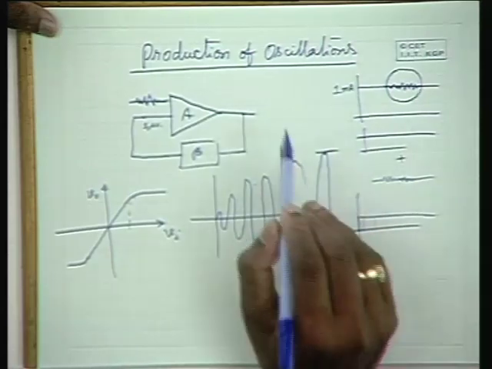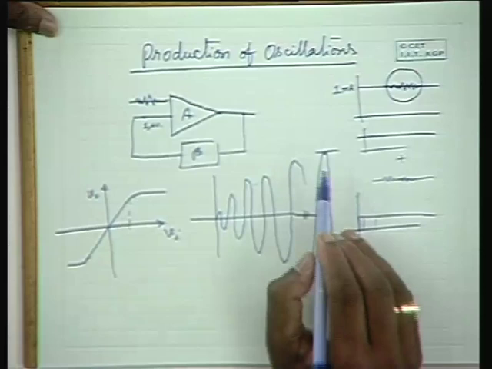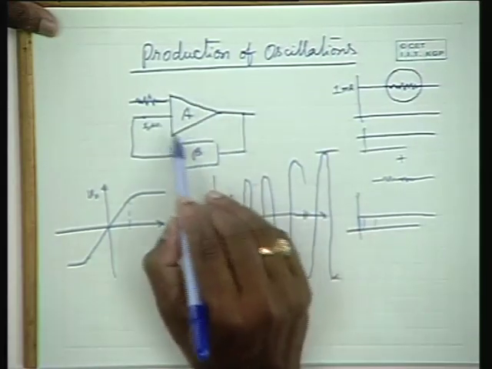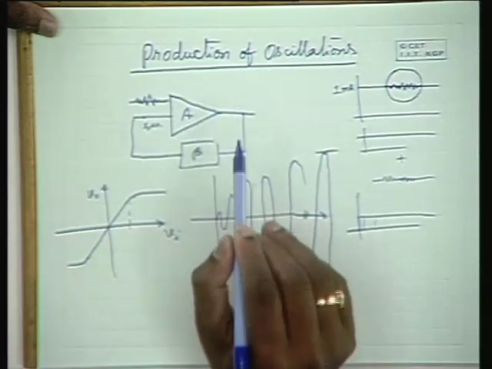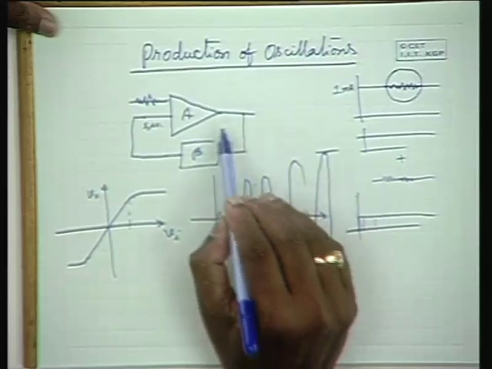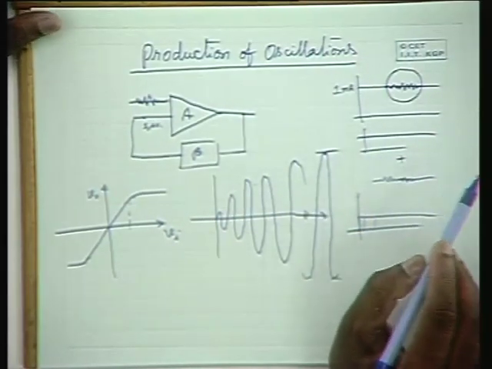After some transient time the amplitude rises up to a certain level, and at that level the gain goes down slightly and makes A beta equal to 1 exactly, and the oscillations are sustained at that particular amplitude.